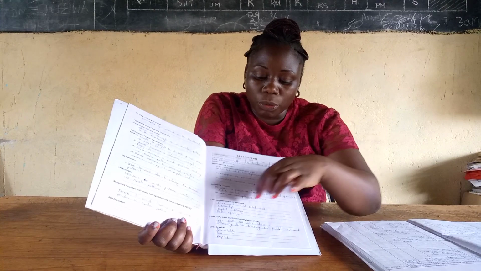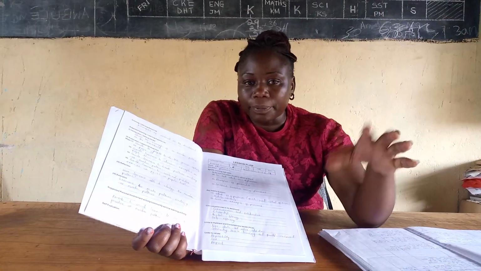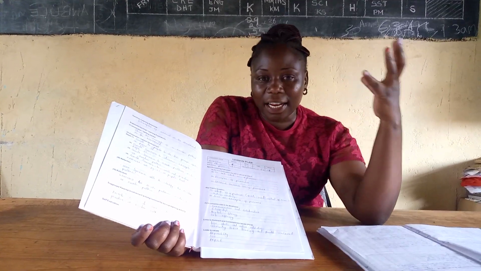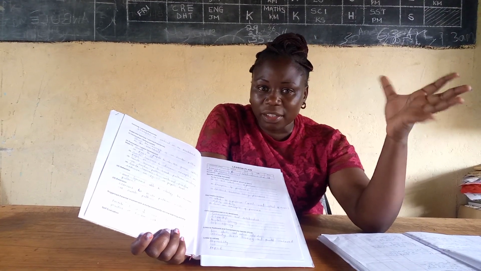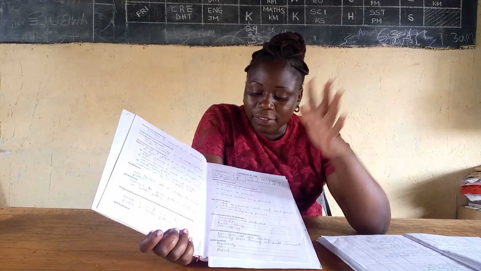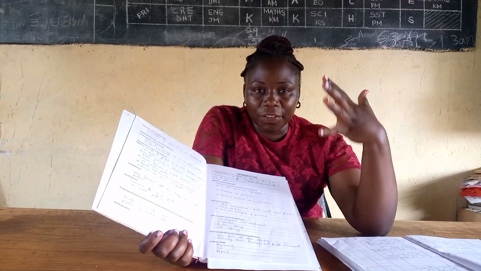We have communication and collaboration. Through this, a learner will be able to communicate well and interact well with other learners, through asking questions, answering questions, and critical thinking. We have also citizenship, digital literacy, and self-efficacy.